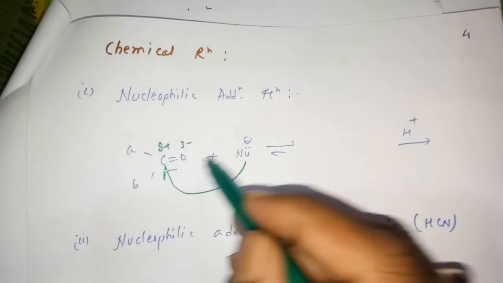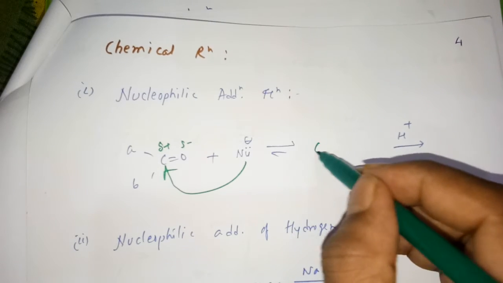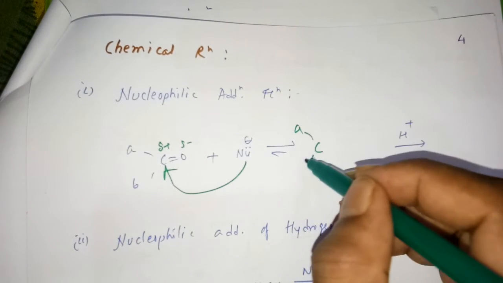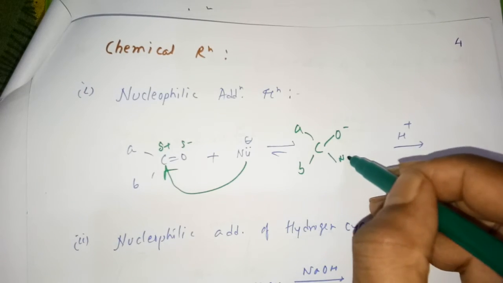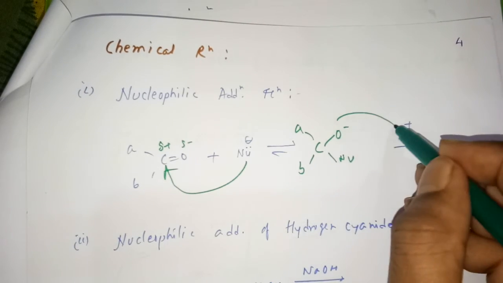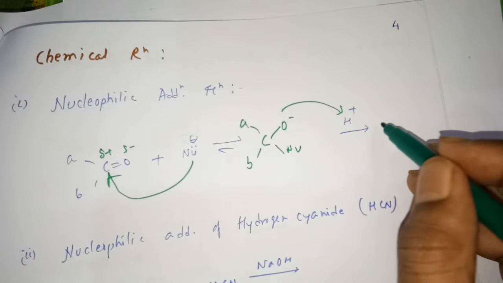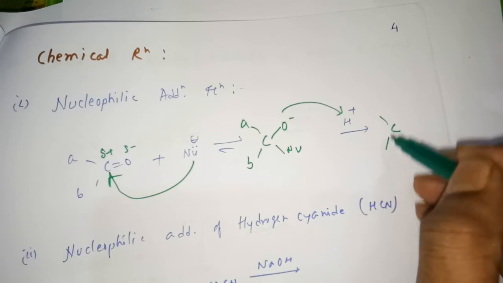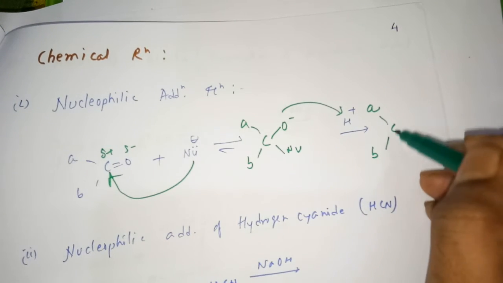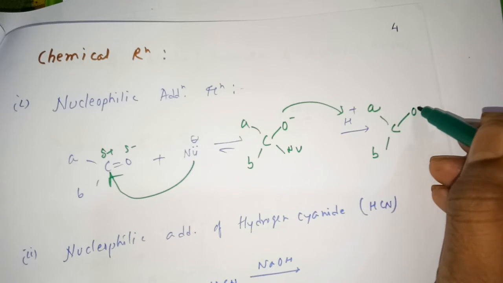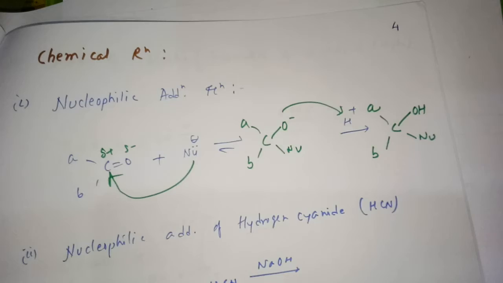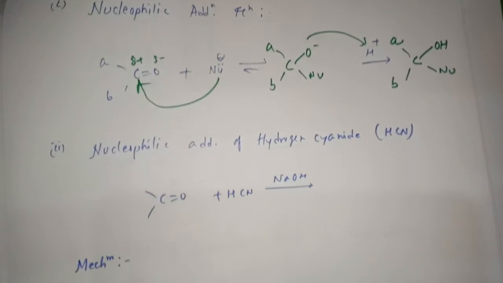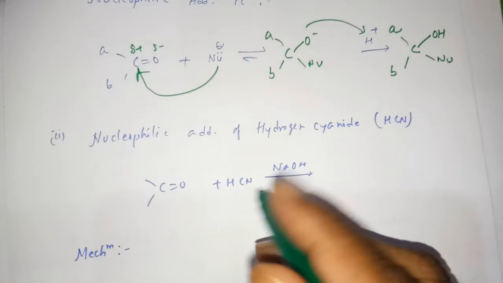The nucleophile is going to attach to this carbon, and O negative forms. Then the nucleophile catches that hydrogen, giving C, OH, and the nucleophile.